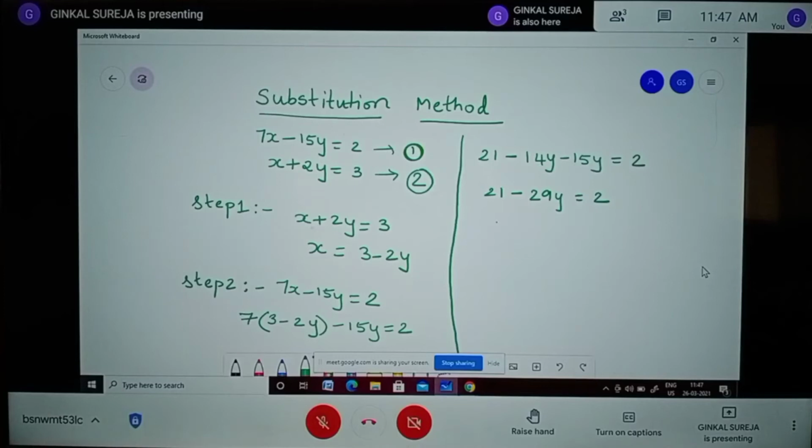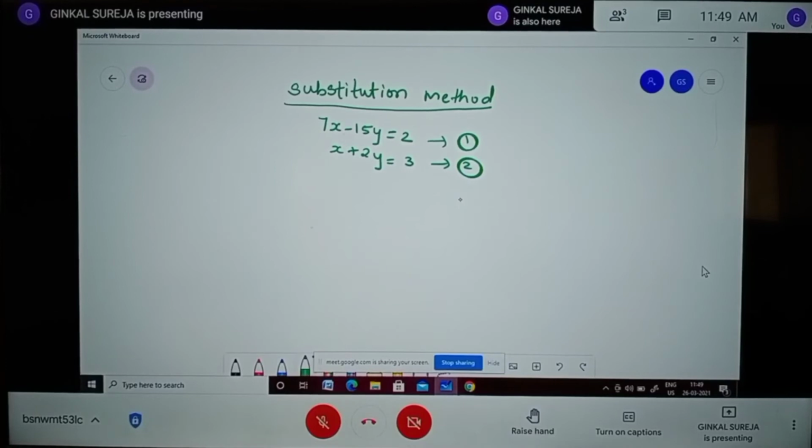This 21, when it goes to the other side, becomes minus 21, therefore minus 29y is equal to 2 minus 21, that is minus 19. Minus on both sides gets cancelled, therefore finally we get y as 19 upon 29. This is our step 2.